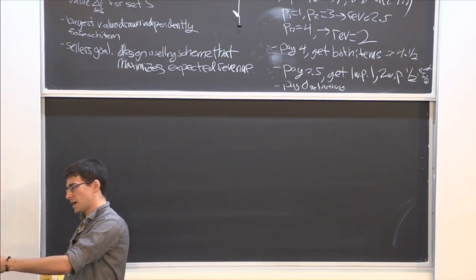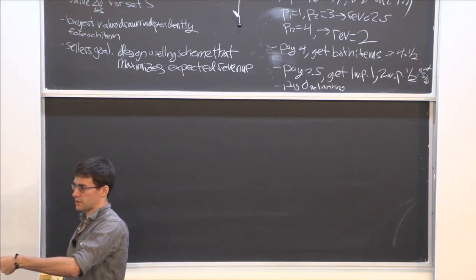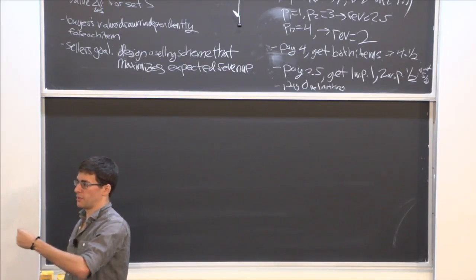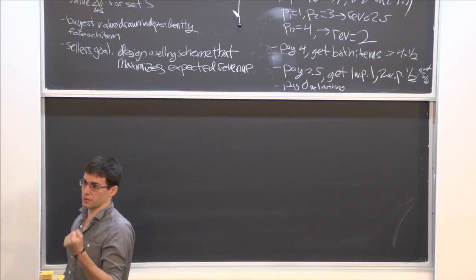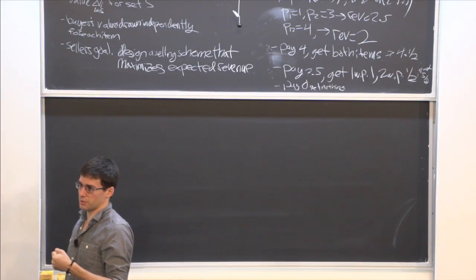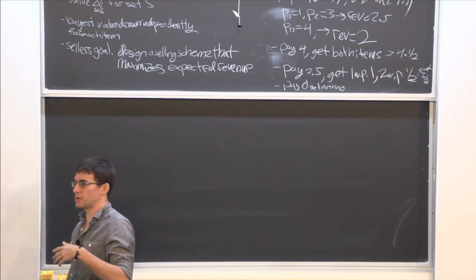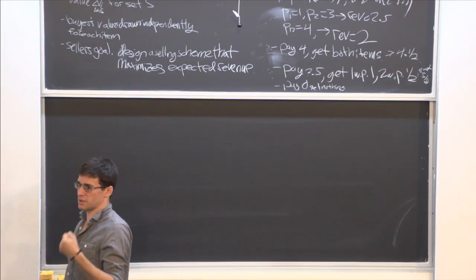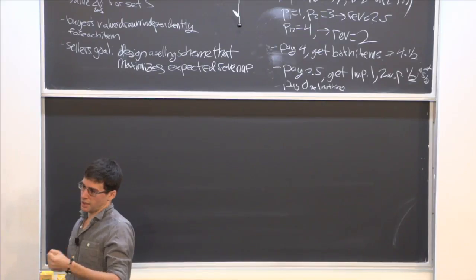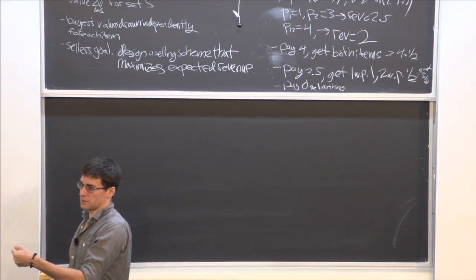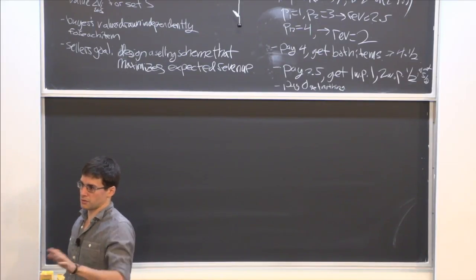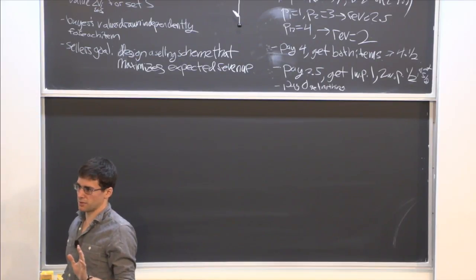Now there's a different kind of randomness. The buyer knows their value when they walk in the door. It's not that the buyer says, I don't know what my value is, maybe it's 1, maybe it's 2. The buyer says, I know my value is 1. So if the seller doesn't use any randomness, then it's not a random procedure. Does that make sense? There's no randomness for the buyer.